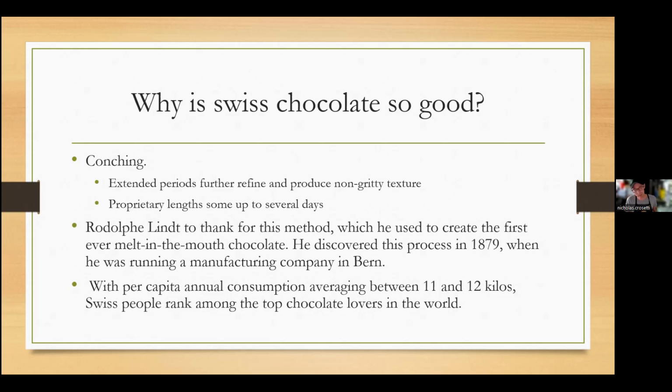One of the main reasons is this technique called conching, which is a process of grinding the cacao beans, and it was pioneered in Switzerland. And the Swiss conch for a long time. The longer you grind the beans, the finer the paste becomes, and the more crystalline the texture, resulting in a kind of melt-in-your-mouth, non-gritty mouthfeel.